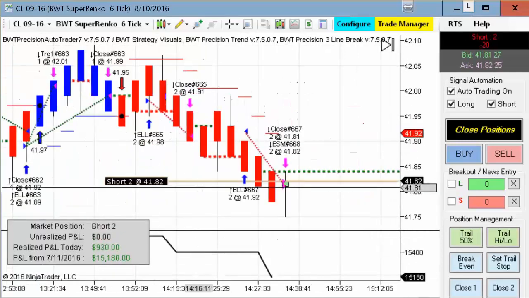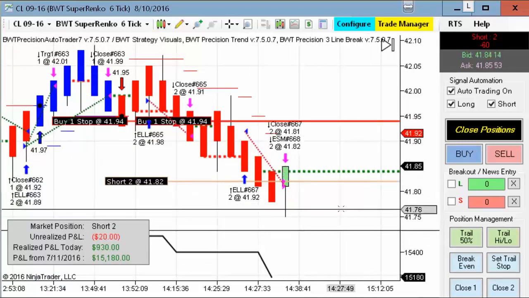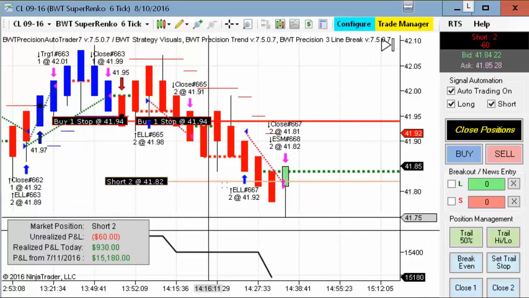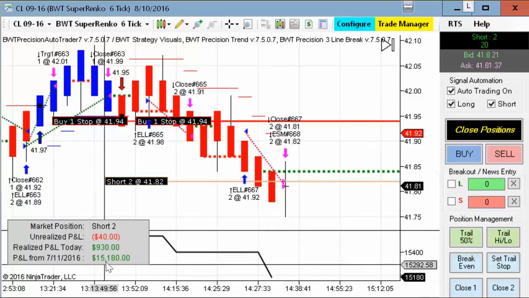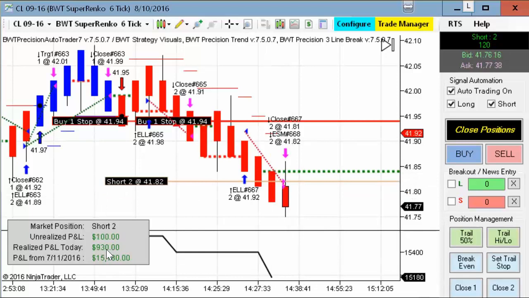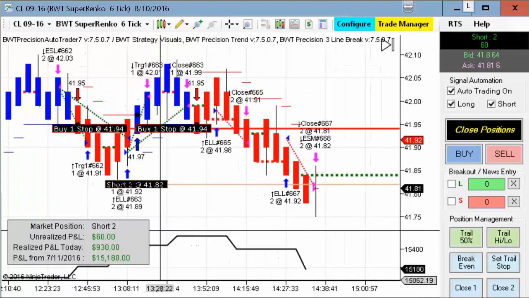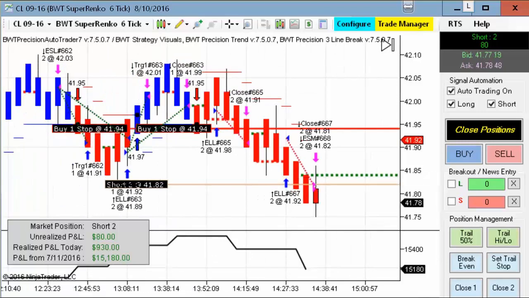So we went long and quickly got stopped out, and then we went short. So we took a little bit of a hit on that trade, but it looks like perhaps this short trade is going to work out. We'll come back to this in a moment.